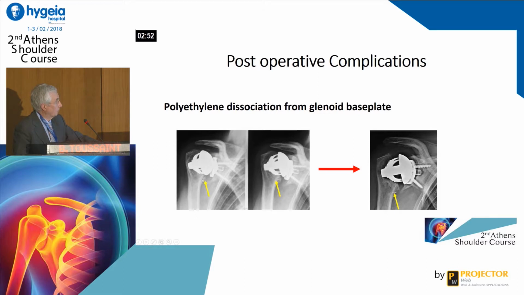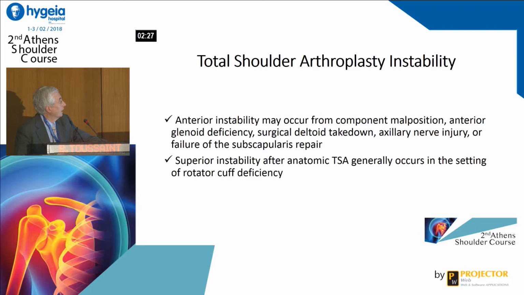You see the repair, the landmark of the polyethylene, and you see the polyethylene is not in the right position, it's moving, and you have a metal-to-metal contact, and we have metallosis after time, and you have a resorption of the bone around the humeral component and the glenoid component. It's a big problem, and you need to make the diagnosis very early and to change the component very early.